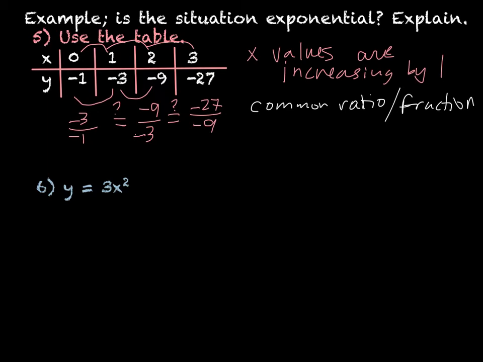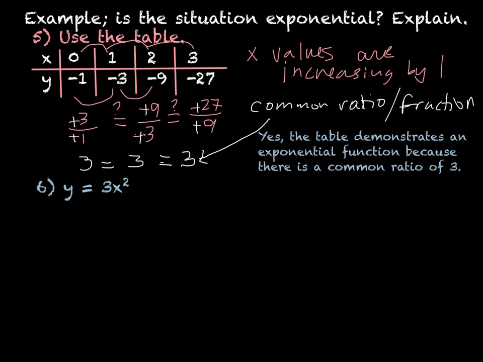Okay, so if we simplified all of these, the double negatives change to +3 equals +9 divided by 3 is 3, which equals 27 divided by 9, which is also 3. So yes, there is a common ratio of 3. So that means that it is exponential. So we would just say yes, the table demonstrates an exponential function because there is a common ratio of 3.